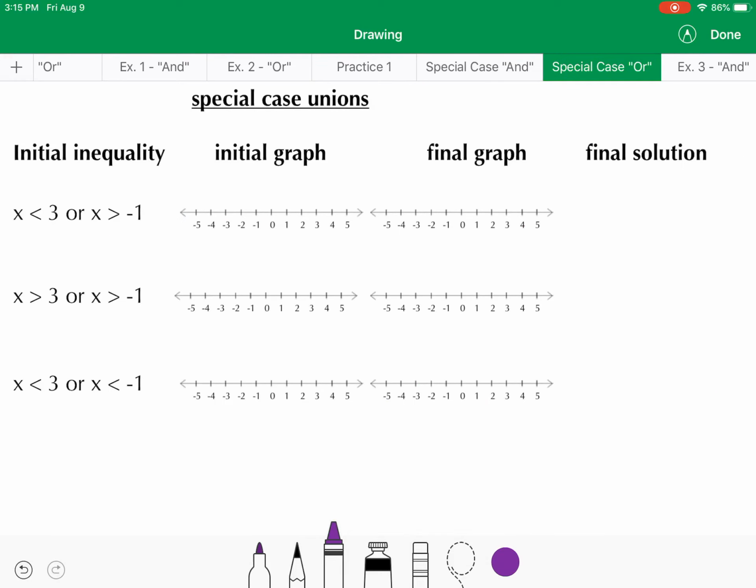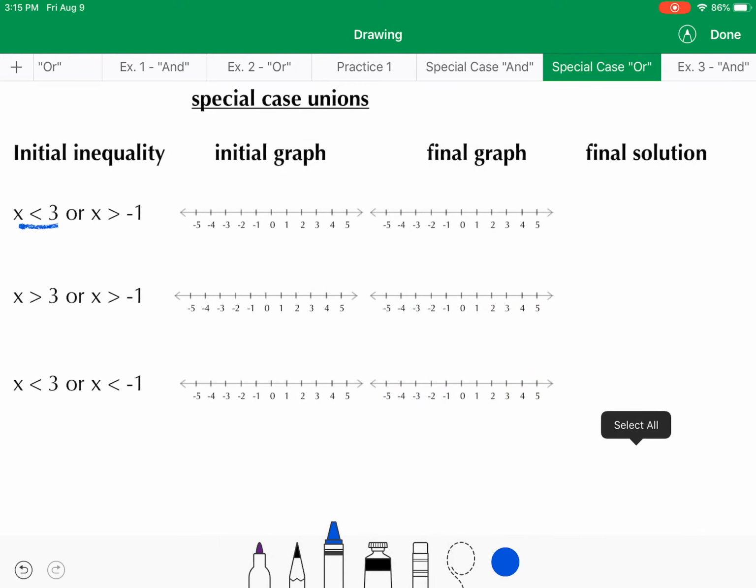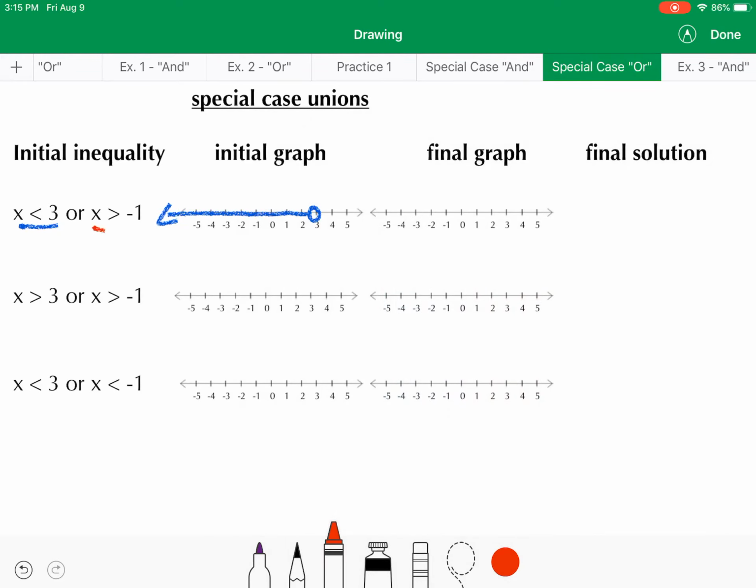Moving on to the special cases for our unions. All right, first example, x is less than 3 or x is greater than -1. And remember what or implies.